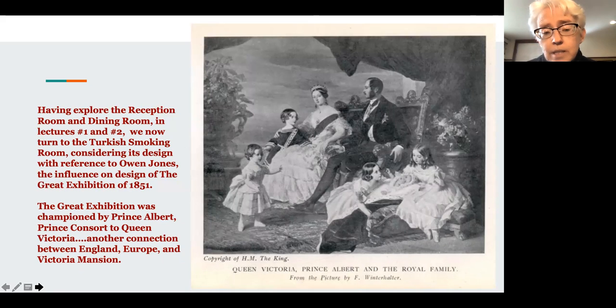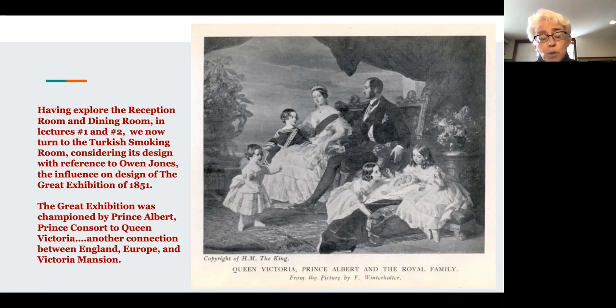So as I said, we started this series in the reception room and dining room in lectures 1 and 2. And now as we look at the smoking room, we'll be again connecting it to Owen Jones. And I love this image, a copy of a print by Winterhalter of Queen Victoria, Prince Albert and the royal family. It's a later version of the one that we actually have at Victoria Mansion, just beyond the dining room.